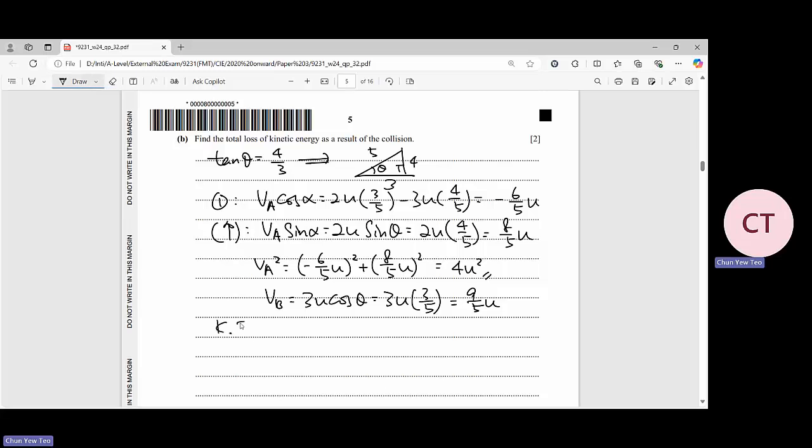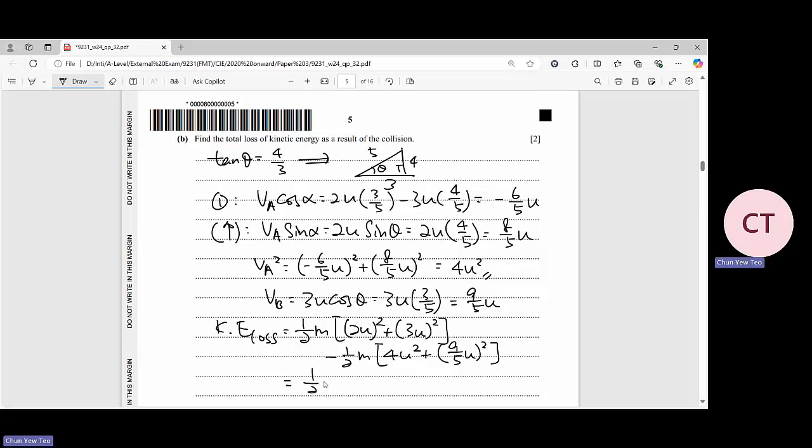So your KE loss will be the KE initial, half m of the 2u squared plus the 3u squared, minus half m of the VA squared plus the VB squared.